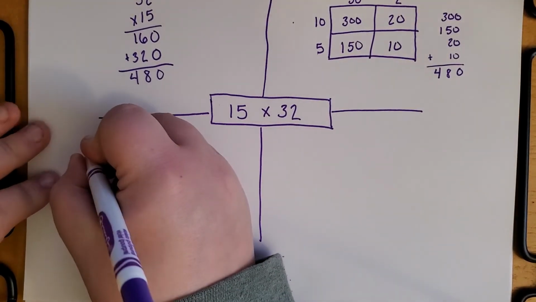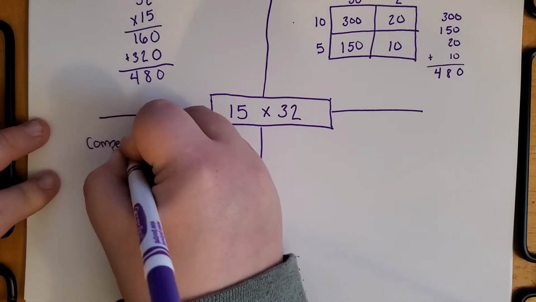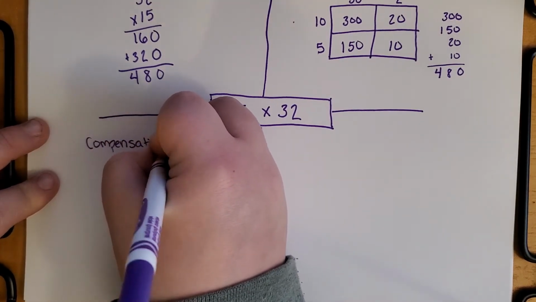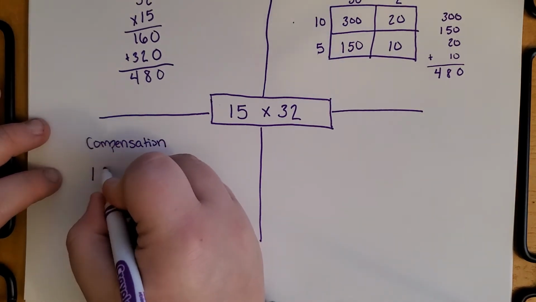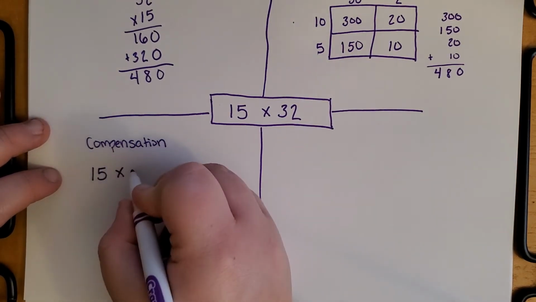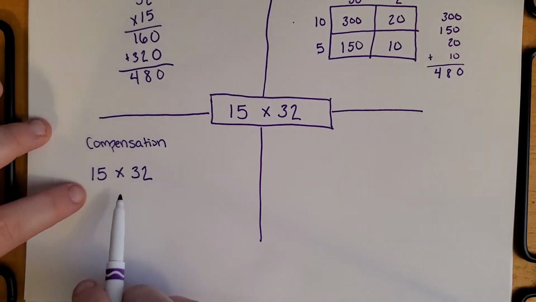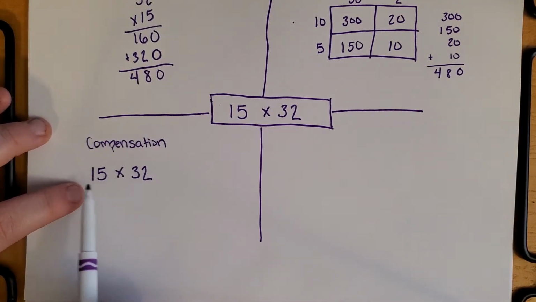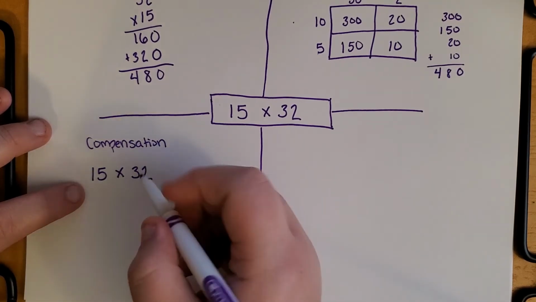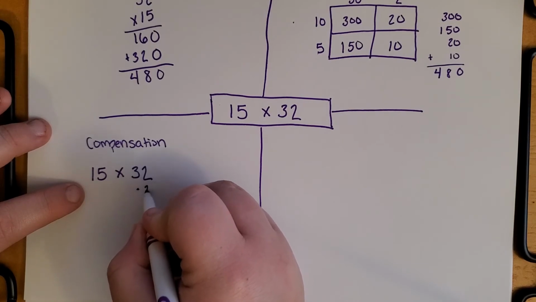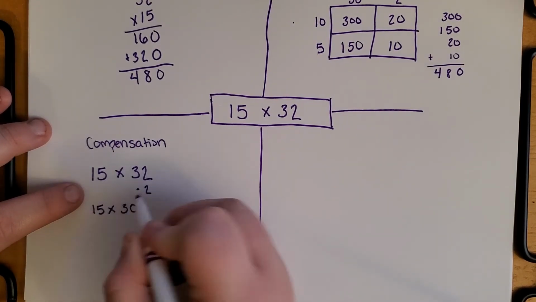Another option that we teach them is called compensation. In that method, we're really just going to adjust this problem to something that I actually would rather do in my head, and then adjust the problem back so it still represents that same value. On this one, I'm not super excited about multiplying with a 2-digit by 2-digit, but if I changed this so that it looked like 30, I'd be a lot happier because I know how to multiply with tens pretty fast.